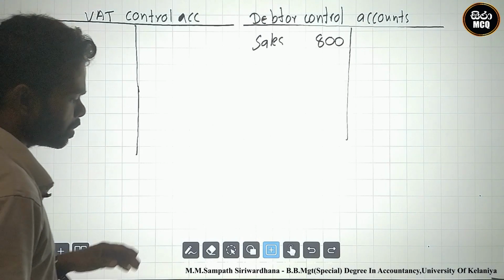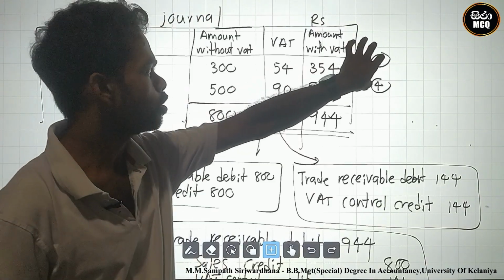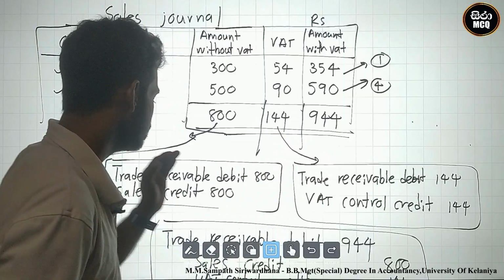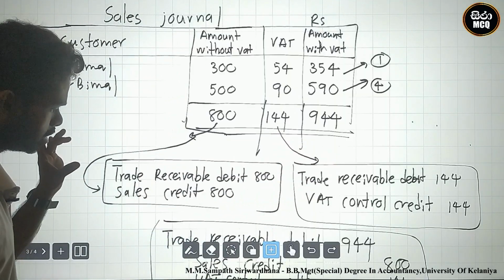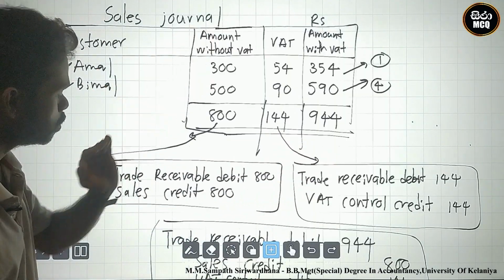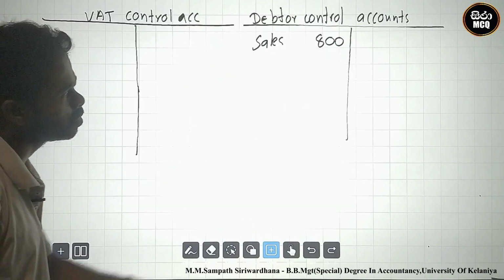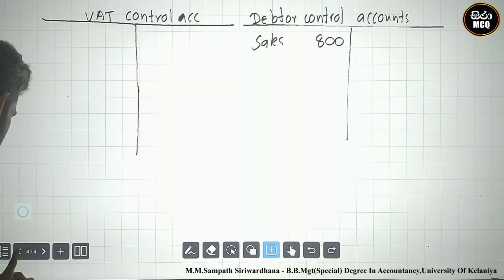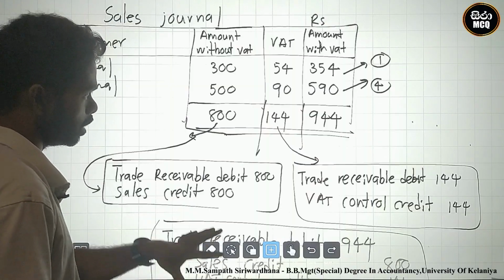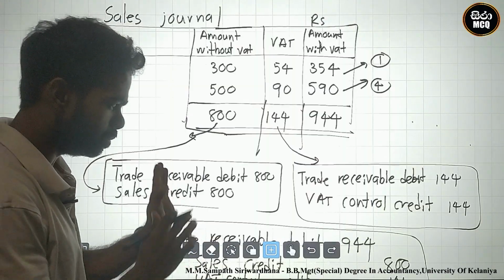There is a double entry of transactions 1 and 4. This is the amount without VAT; trade receivable debit, therefore I debit 800. There is no sales account requirement, therefore I skip it.